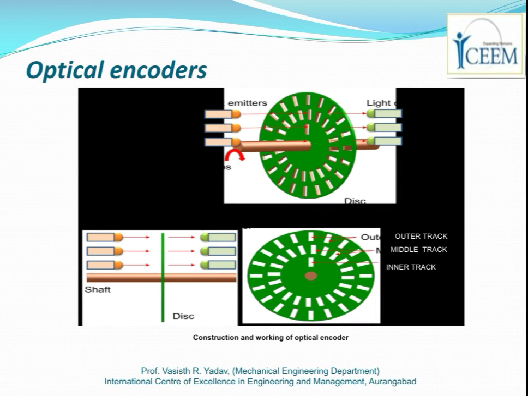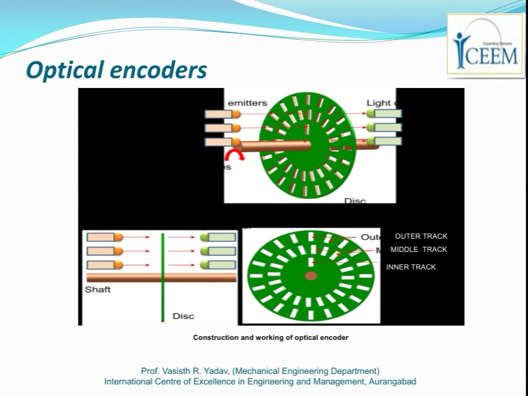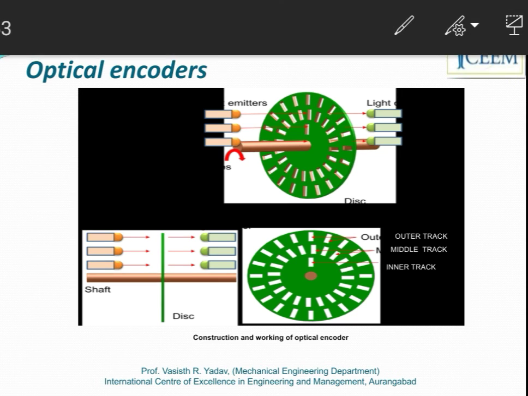So dear students, we have seen how an optical encoder works. We can sum up that in an optical encoder we have 3 rings, which we call the outer track, middle track and inner track. Now these tracks are made up of holes.